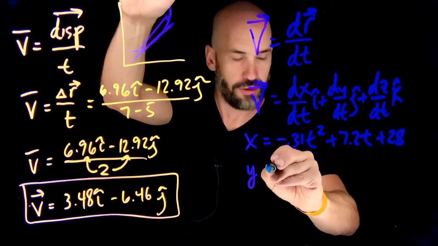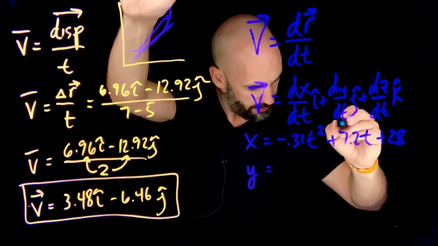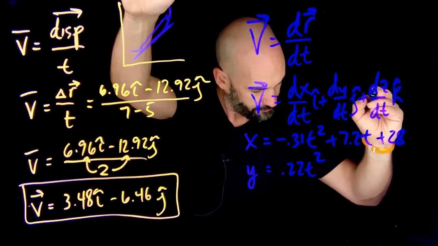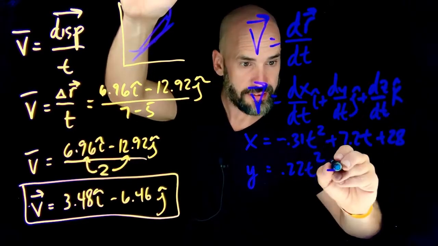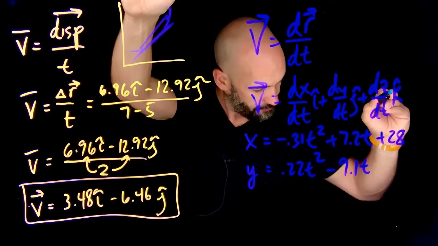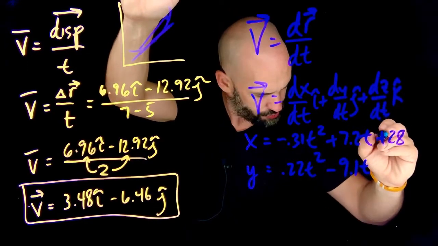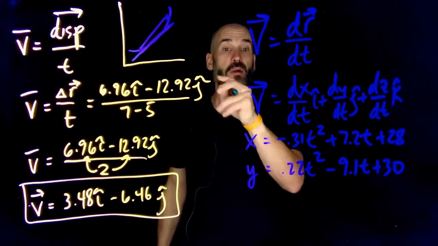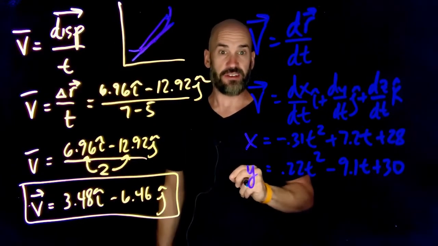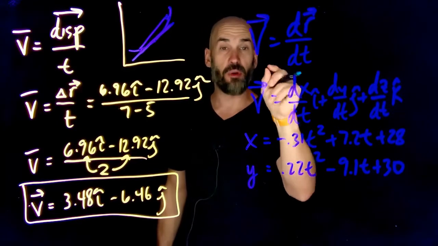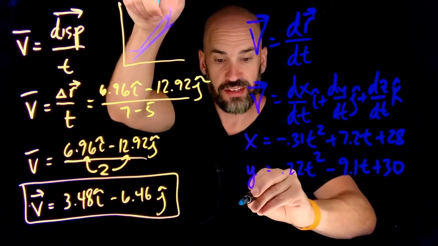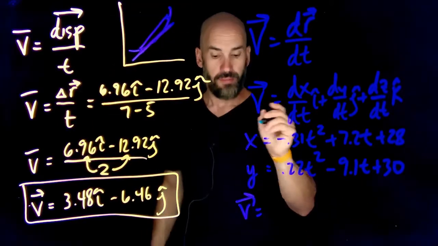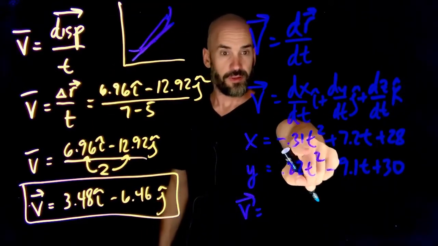And the y component was 0.22 t squared minus 9.1 t plus 30. Correct? So if I want to find the instantaneous velocity vector, in other words the velocity at a single point in time, I need to find dr/dt.